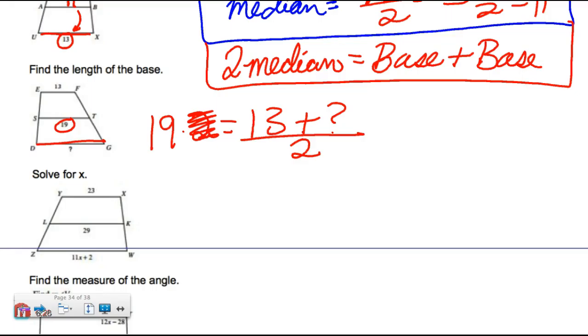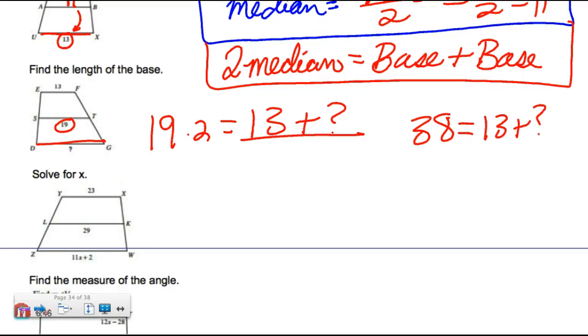So I'd still have to say 19 times 2 is equal to 13 plus question mark. So that leaves me with 38 is equal to 13 plus question mark. I subtract 13, and I get 25 is equal to question mark, 25.